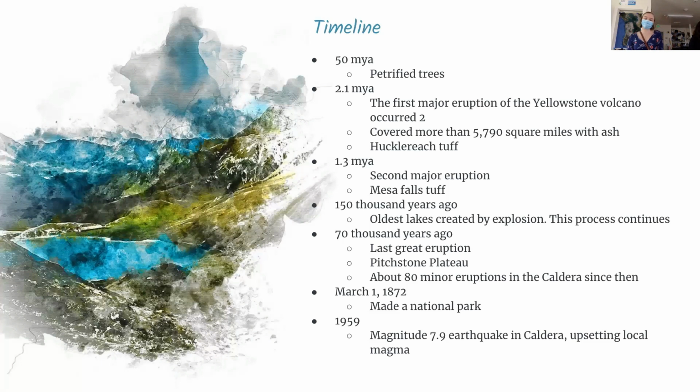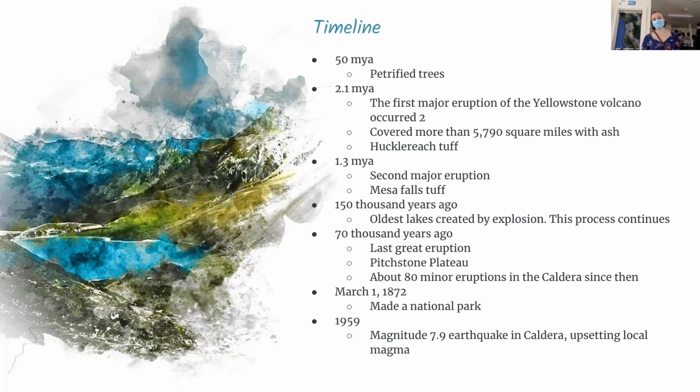And 150,000 years ago the oldest lakes created by explosions were made. 770,000 years ago was the last great eruption at the Pitchstone Plateau. And there have been about 80 really minor eruptions in the caldera since then.